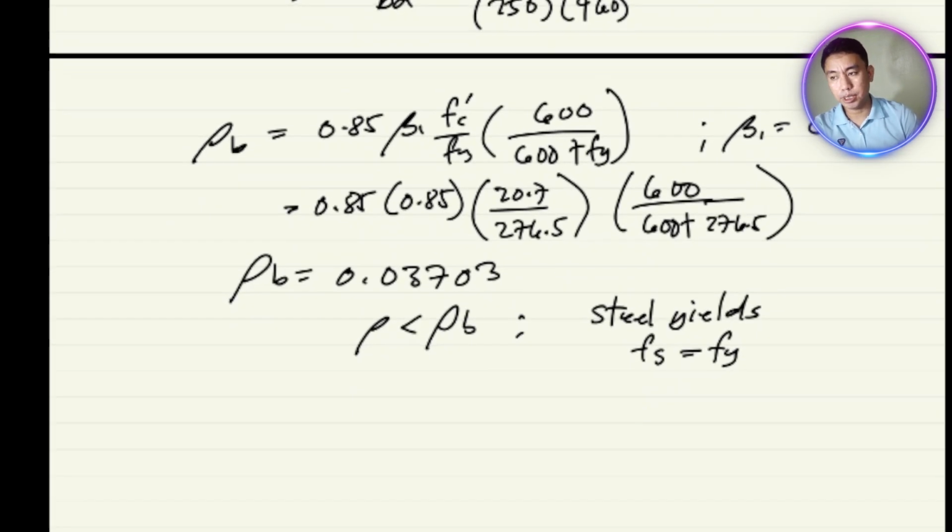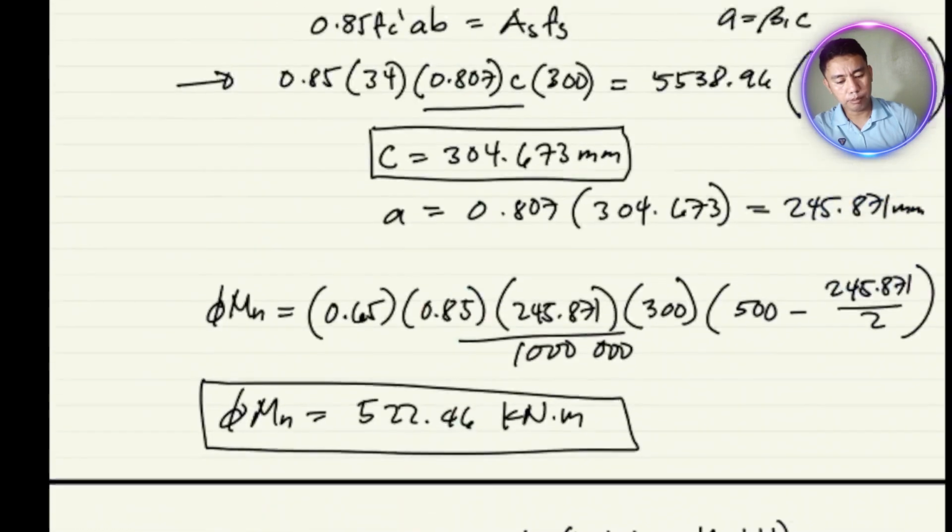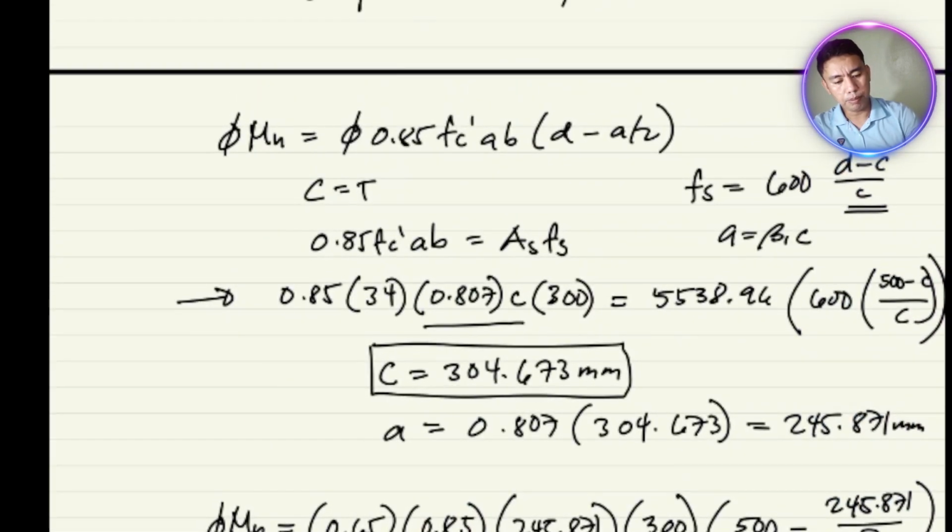So, the good thing is, if Fs is equal to Fy, we can use directly the formula 0.85 Fc prime AB is equal to AS Fs. We can directly use the value of Fy here to solve for A. So it's easier. Unlike our previous example, here we no longer need to get the value of Fs and the value of A.